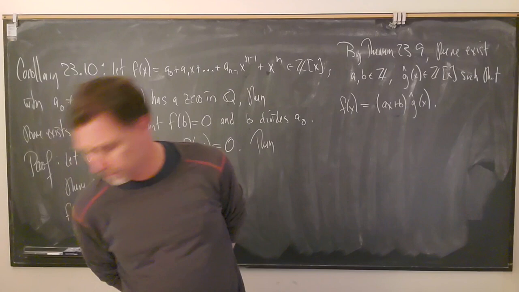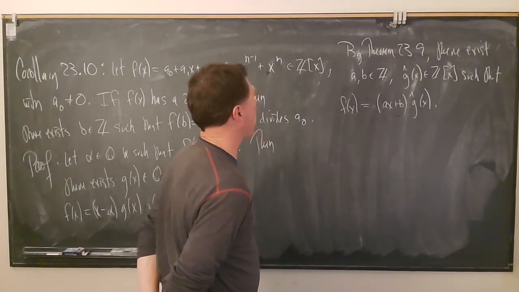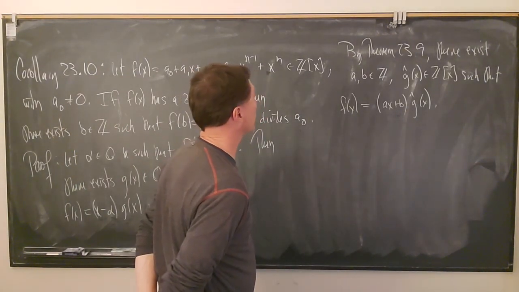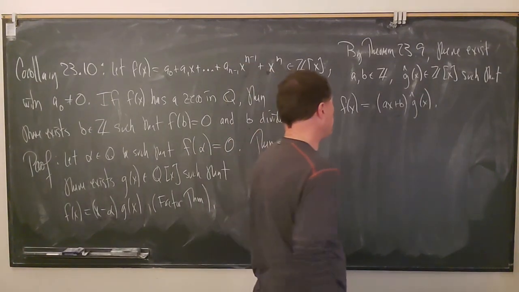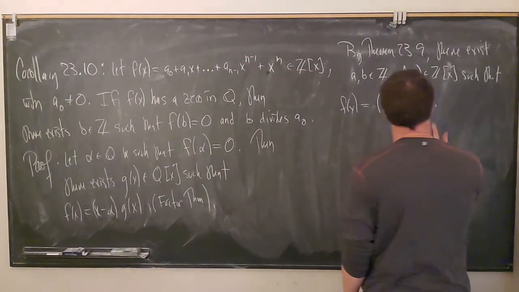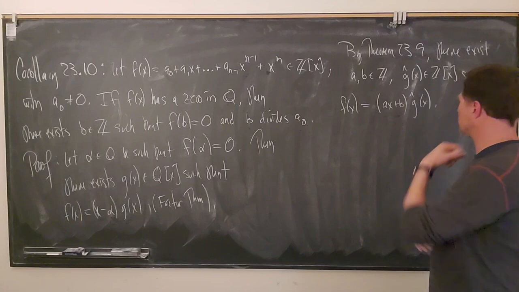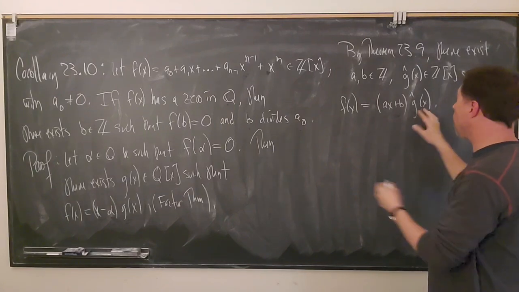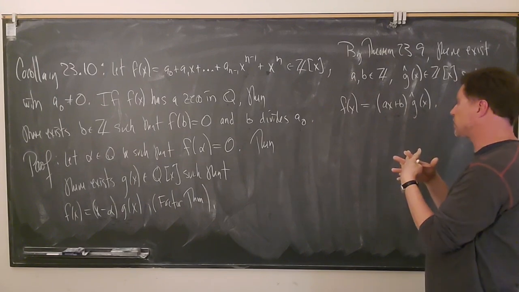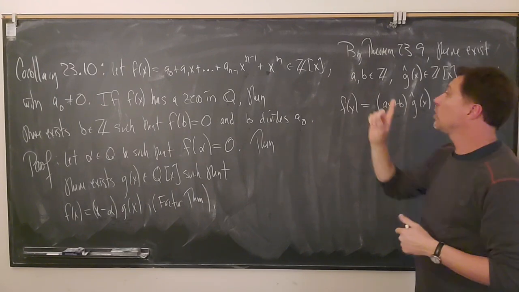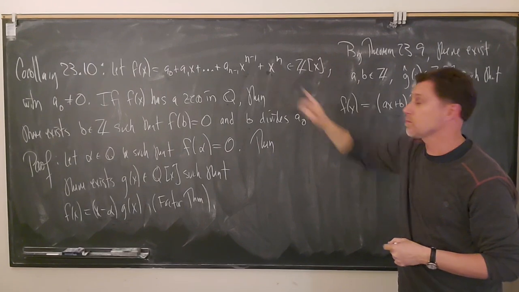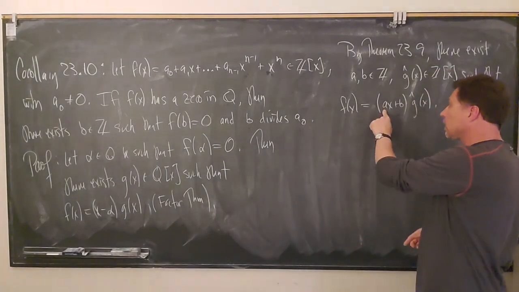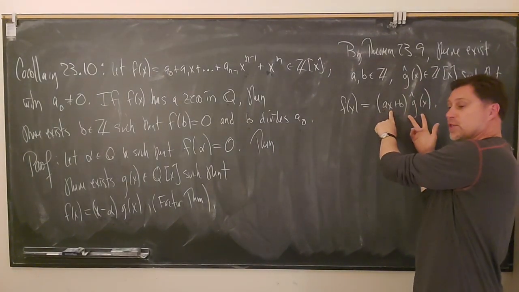Now let me think here. Oh, okay. Now, I don't know what this polynomial g hat of x looks like, but think about whatever it is, right? It's got some coefficients. When you multiply the leading coefficients, we have to get x to the n. So we have ax times whatever the leading coefficient over there is.